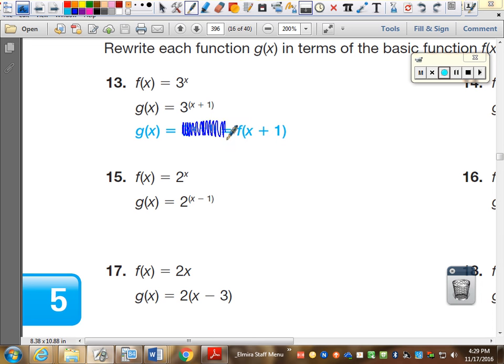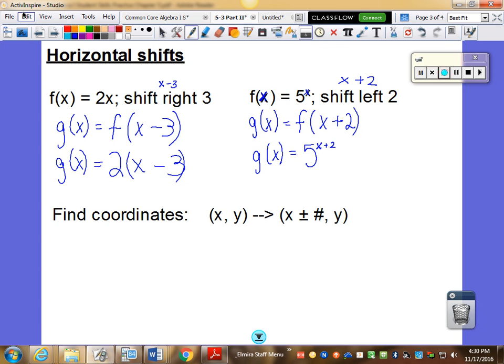I'm not looking for you to write that part. All I'm looking for you to write is that g of x equals f of x minus 1. We're just practicing that other notation of writing our shifted functions in terms of f of x. So g of x equals f of x minus 3.